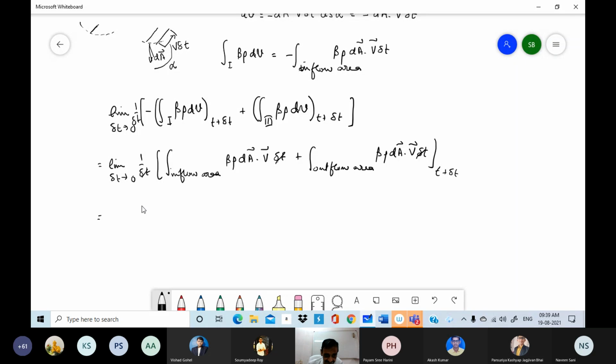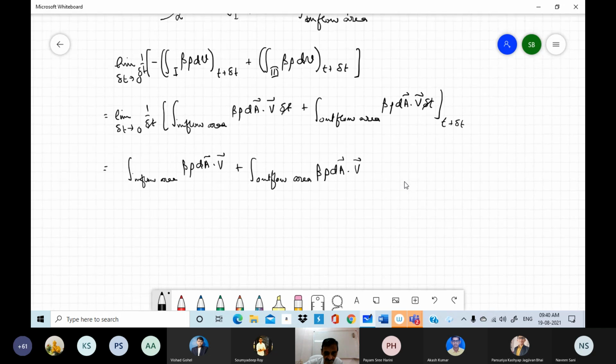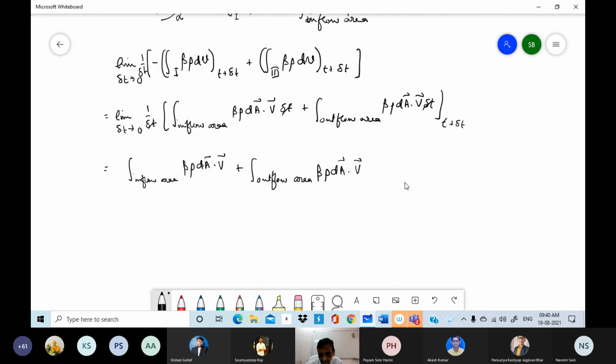So then in this limit, now the inflow area and the outflow area, if I add both of them, it means that I'm including the entire area.